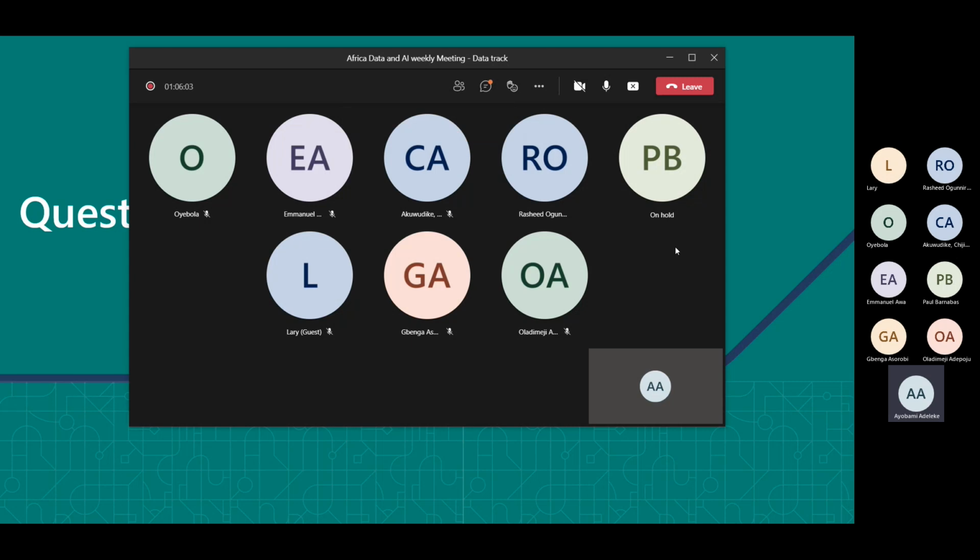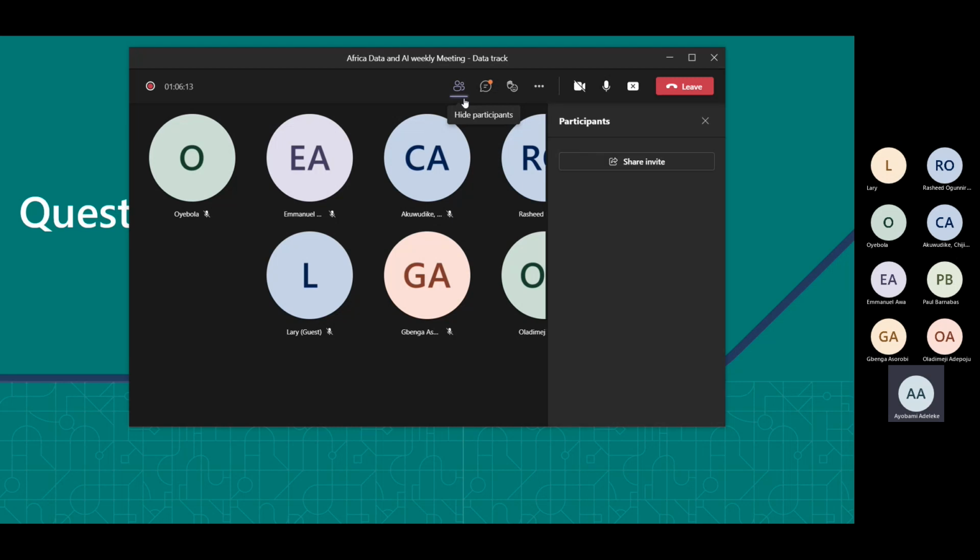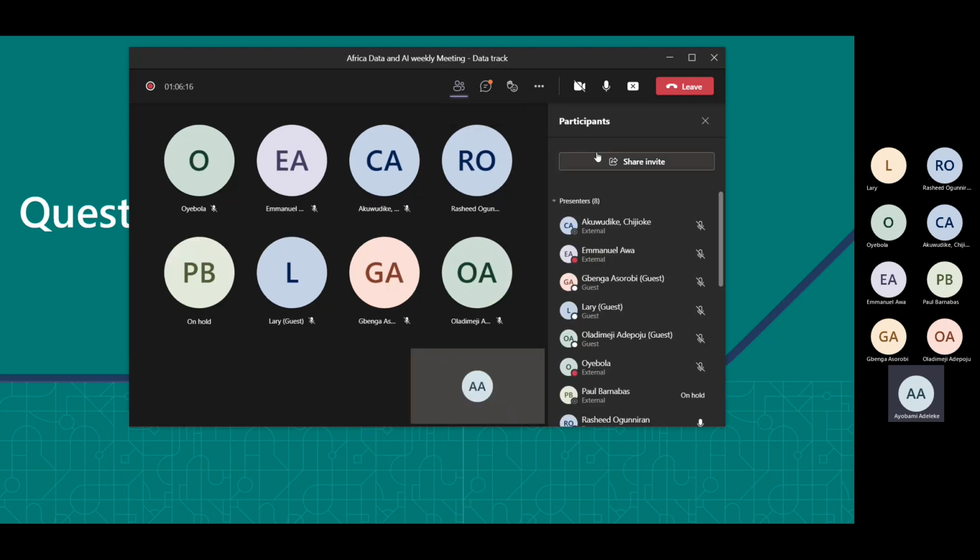Let's do well to attend. I also want to thank the very few of us that could make it to the session today. Attendance seems to be a bit poor today, but it's okay. We can do better. Let's encourage ourselves and our friends to make it a date with us same time next week.